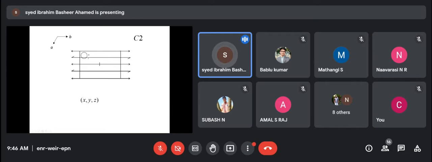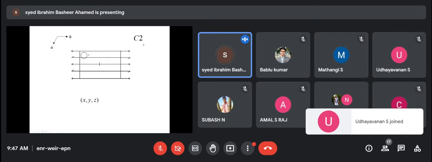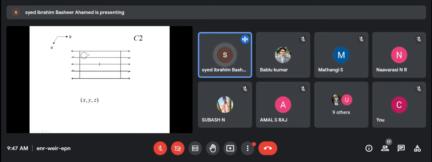Now assume you have a molecule here with a positive sign. The equivalent position is x, y, z. C2 means you are applying a 2-fold rotation to this one. What will it do? It will take this molecule here, and the sign will correspondingly change, right?